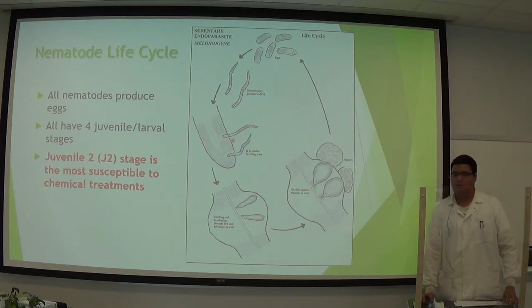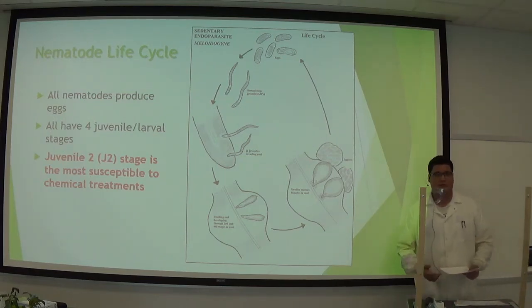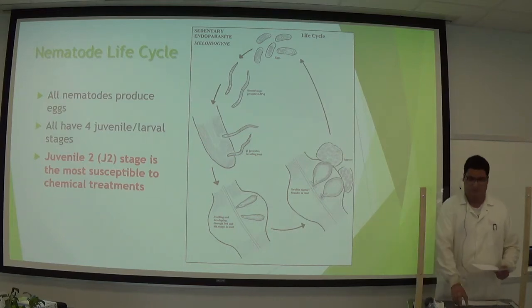However, once those nematodes are inside the roots themselves, the root is what protects the nematodes, and then they start to grow into the J3 and J4 stages. So that's why the J2 is an important stage in which to target nematodes when you're dealing with this parasite.